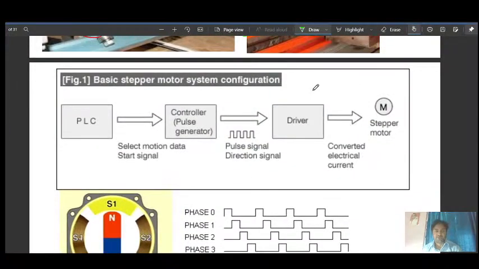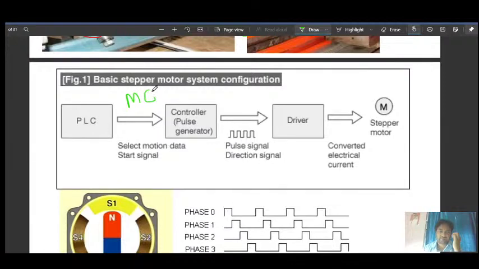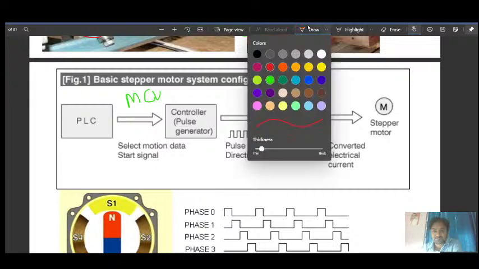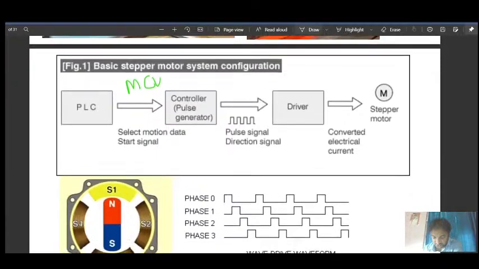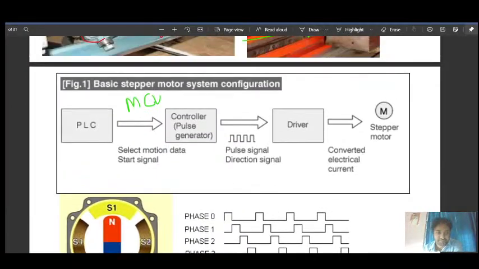So now let's talk about the MCU, machine control unit. That is the second part of the NC system. So here we have the programmable logic controller, PLC, and then this controller.